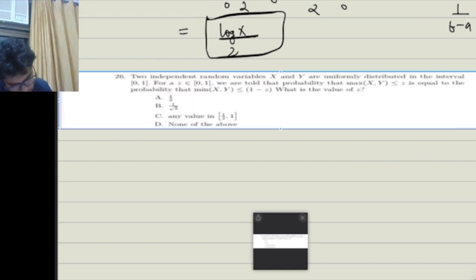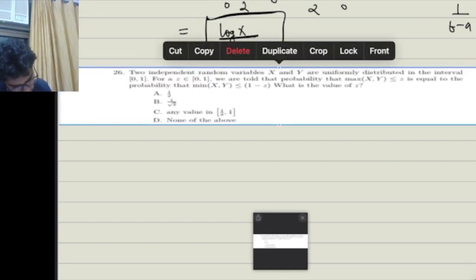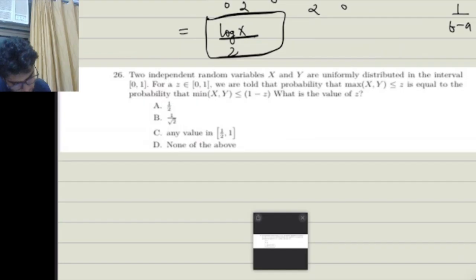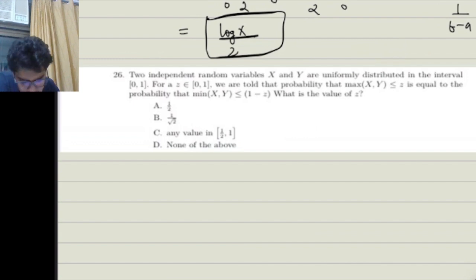So this question says that two independent random variables x and y are uniformly distributed in the interval 0 to 1. For a z belonging to 0 to 1, we are told that the probability of z being greater than or equal to the max of x comma y is equal to the probability that 1 minus z is greater than or equal to min of x comma y.